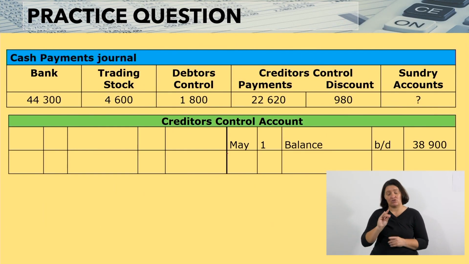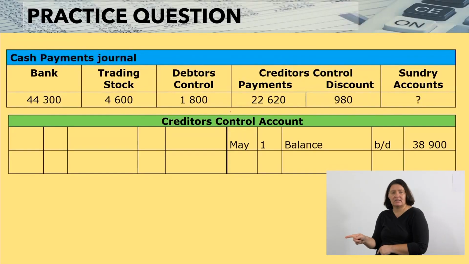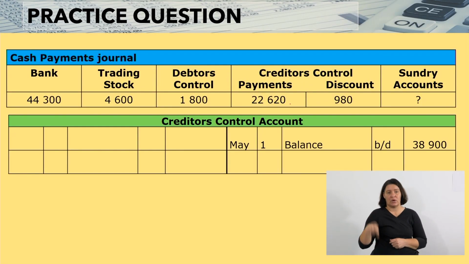I have my cash payments journal. Cash payments, we are paying. What are we paying? We are paying the creditors whom we owe. And in this cash payments journal, we have payments of 22,620 and we have discount that we have received, 980 rands.